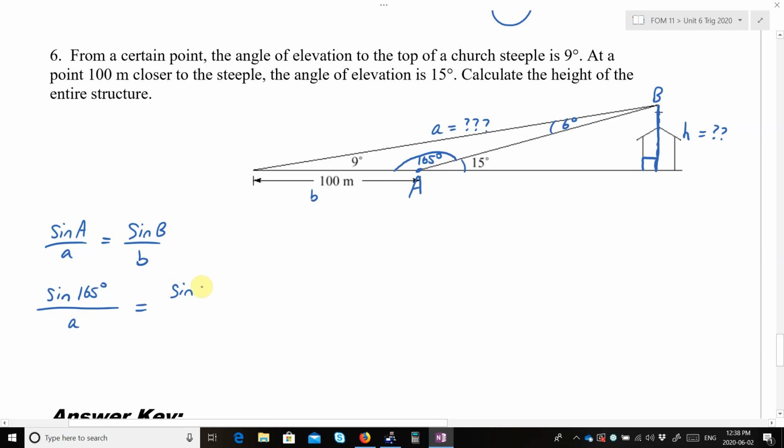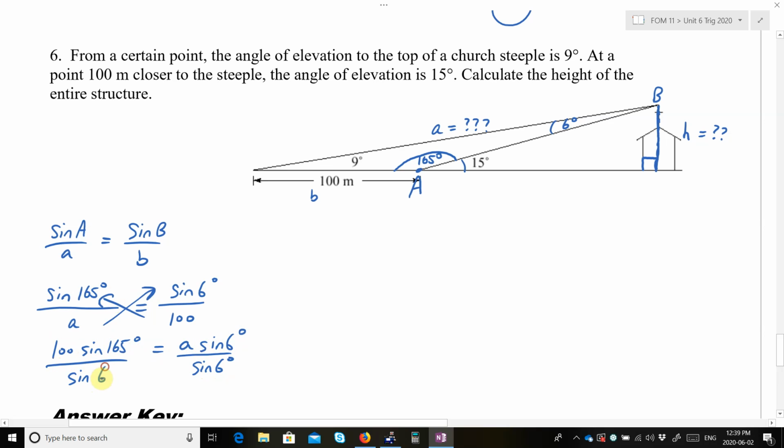Sine B, angle B is 6 degrees, and little b is 100. Okay, remember how we solve this? Cross multiply first of all. And then we want to get A by itself, so divide both sides by sine 6.